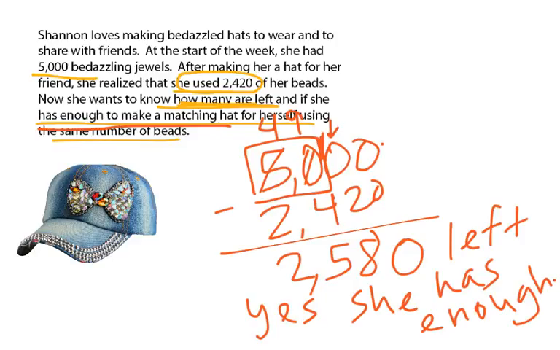Now, if I wanted to ask a follow-up question, I could also ask, how many beads would she have left over after that? And if I was answering that question, I would simply take 2,580 and then subtract 2,420 from that number, and I would see how many she'd have left after her 2 hats.